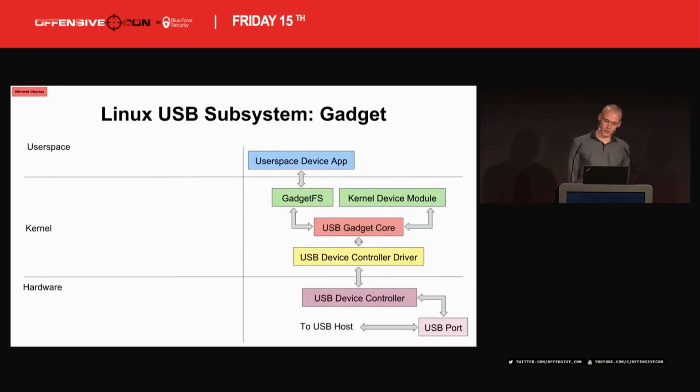So the idea is that here on the right, let's read it from top to bottom. We have a thing that's called the user space device app. And this is the user space app that's going to implement all of the logic of our USB device. And we will use the GadgetFS interface for that. Instead of using GadgetFS, we can implement the whole thing in the kernel and use some custom kernel module.